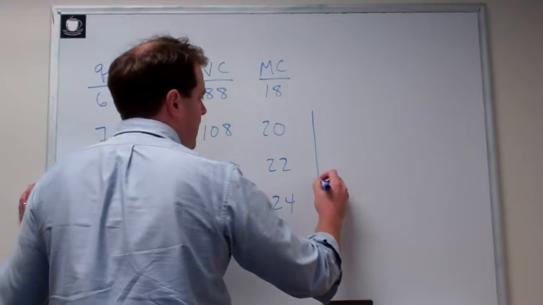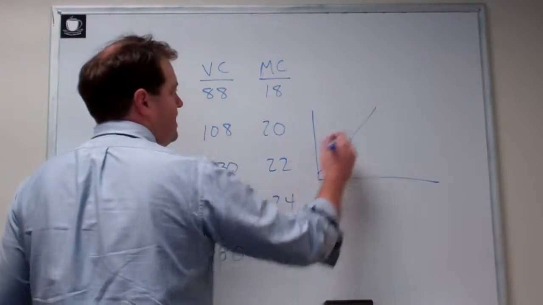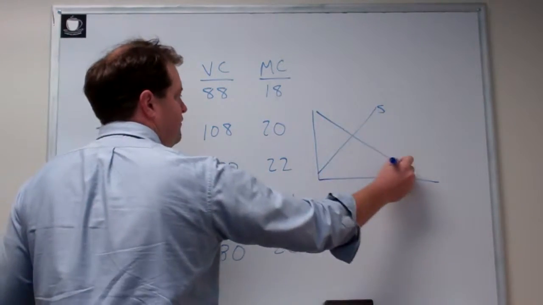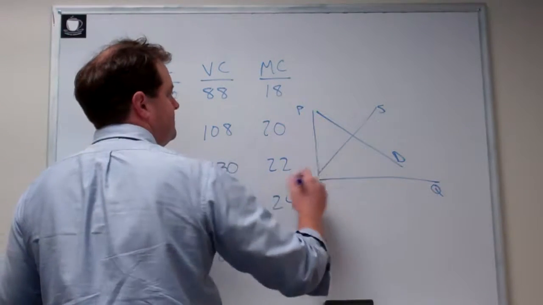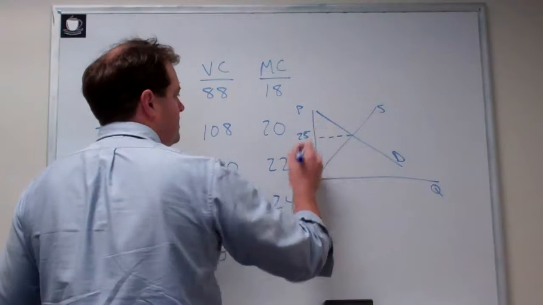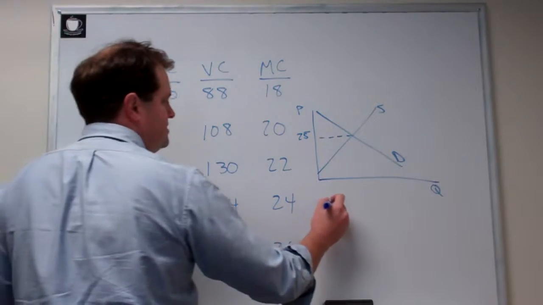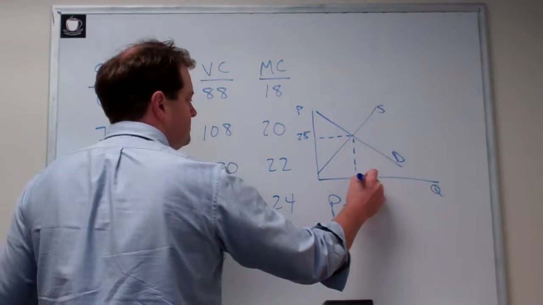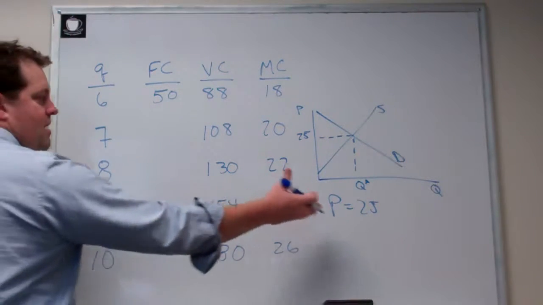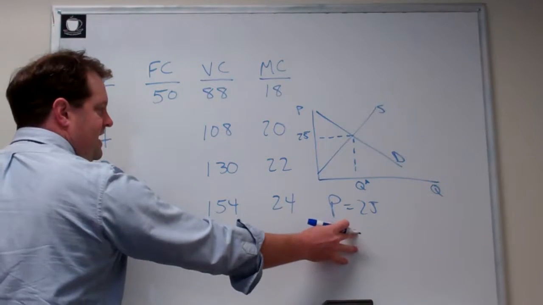I'm part of this market supply, and there's a demand for a product, and we've got the market in equilibrium at 25. So price equals 25. With this information given, I can't control this.